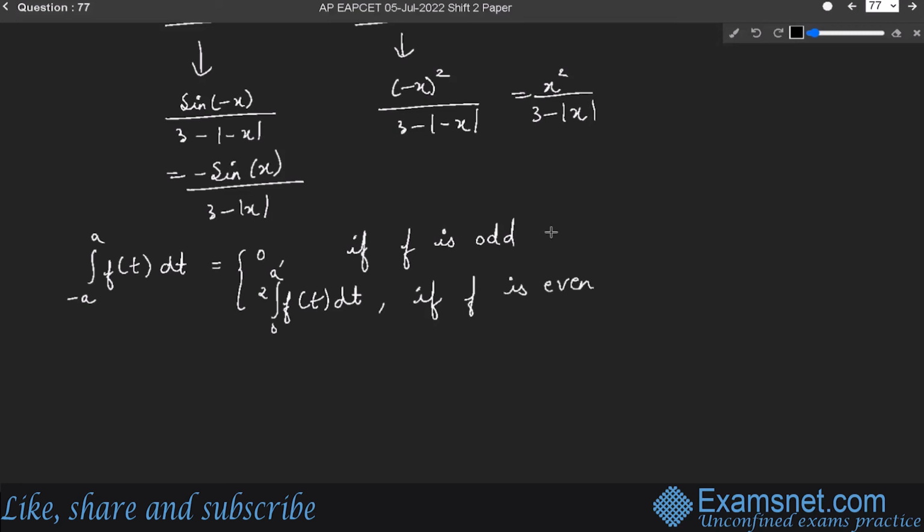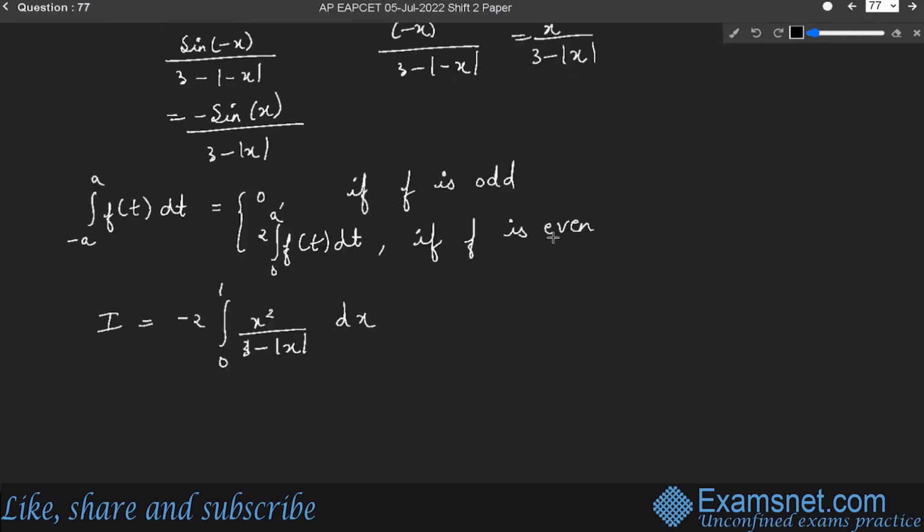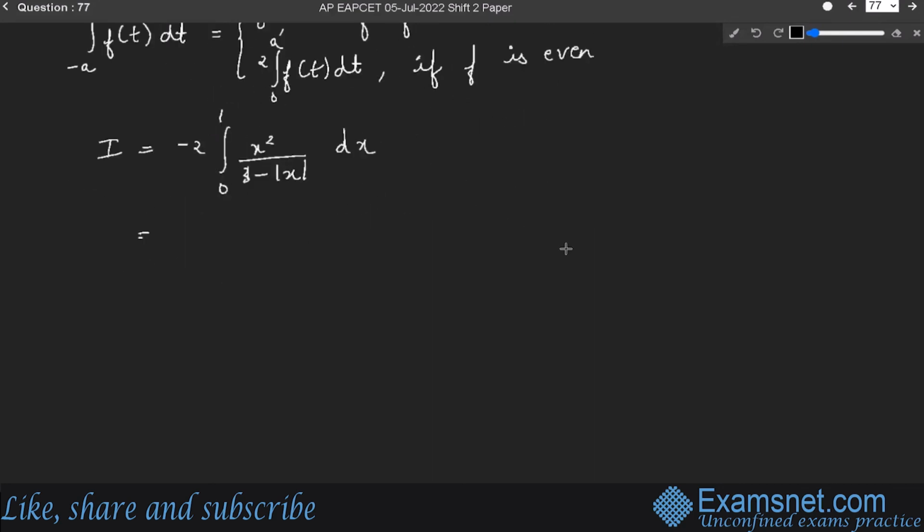So here the function is even, so it will become I is equal to minus 2 into integral of 0 to 1 x square upon 3 minus modulus of x dx. Now, on further solving this, it will be equal to minus 2 integral of 0 to 1. Here in the numerator, there is only x square.